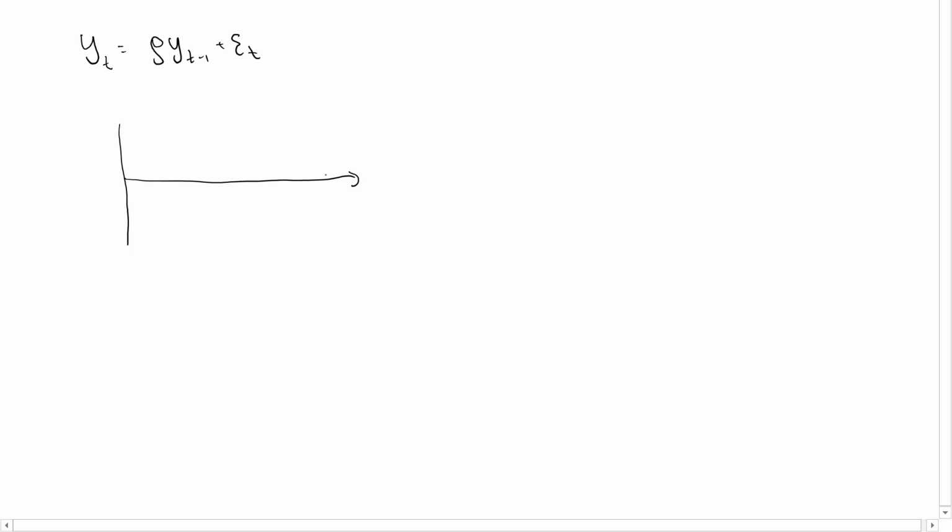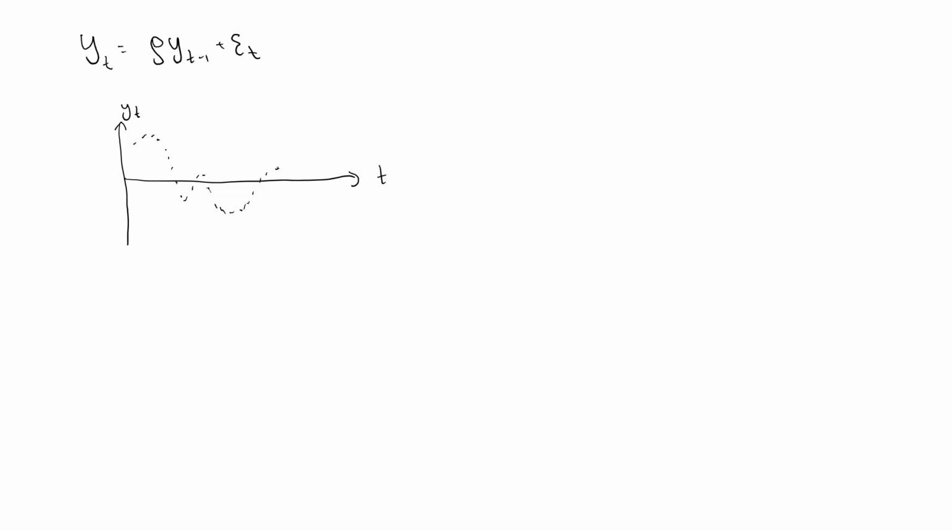Now, if rho is less than 1, such that the process is stationary, then we will observe cycles in the data, but it will always cycle around 0. This is the mean reversion property of the process. There is a tendency for the process to revert to its mean, which is 0 in this case.